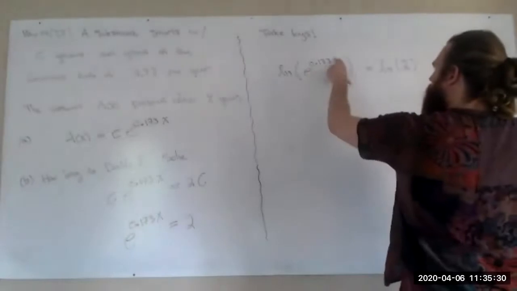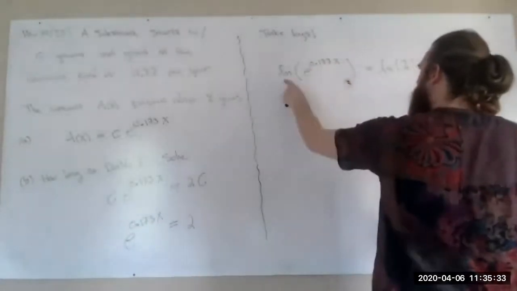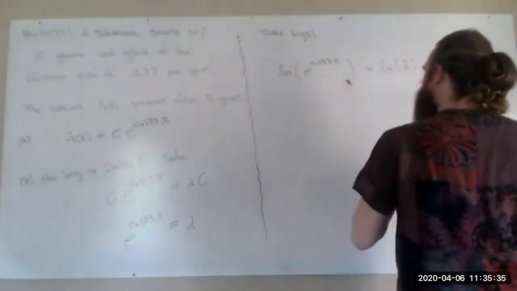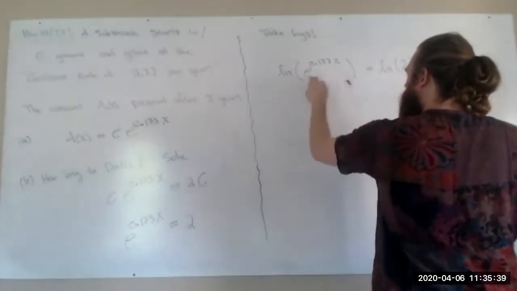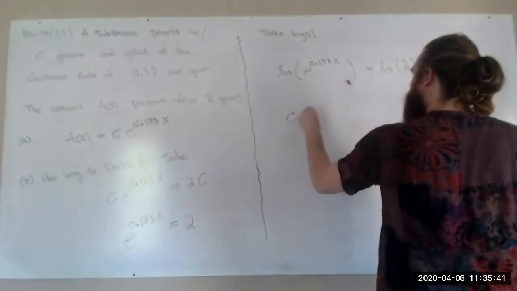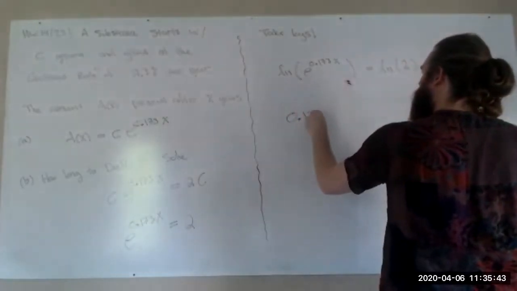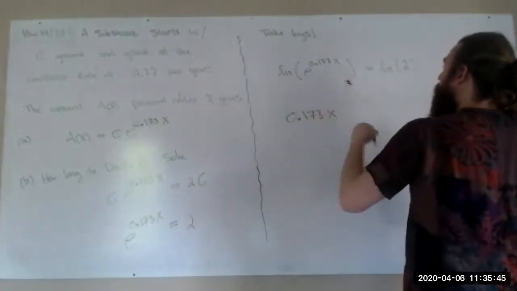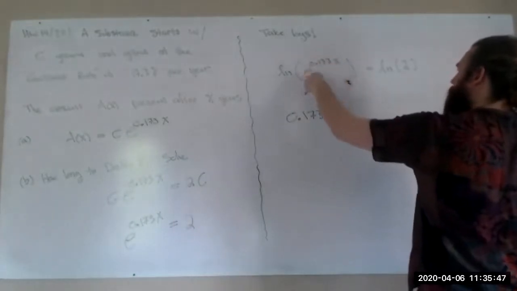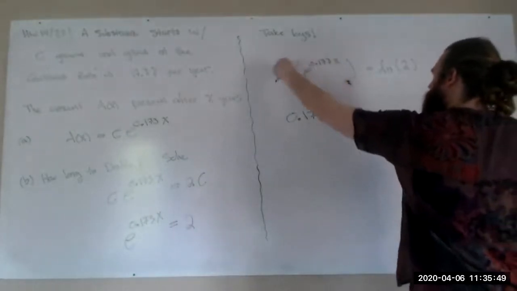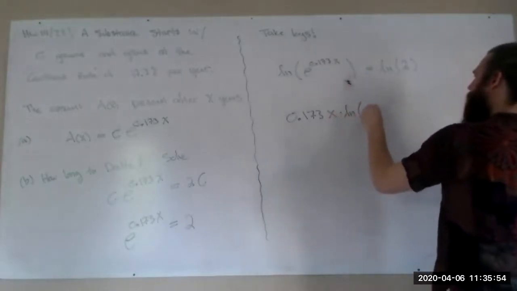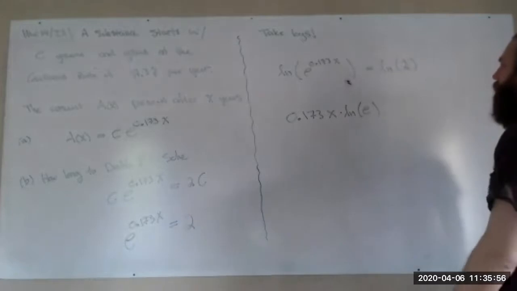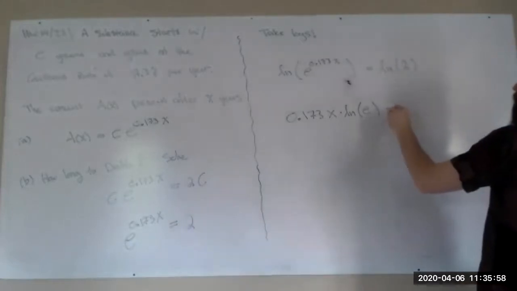Now this power is going to come down. The ln of e to some stuff is always just that stuff, and you can think of it two different ways. You can think of the ln and the e canceling, like John said, so this would be 0.173x. Or you can think of it in terms of the second property that says even if those bases didn't match, this guy would come down. So I would have this times the ln of e, and then the right-hand side is still just ln of 2.